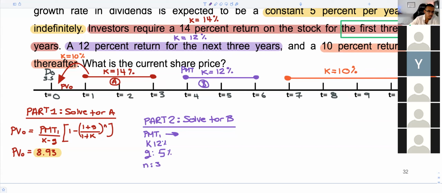Exactly. Very solid stuff. Okay, now for everybody that didn't see it, we have our dividend at 0, and we know it grows by 5% every year. So you have to grow it once, twice, 3 times, and then 4 times to get to D4. What you could do is simply D0 times 1 plus G to the power of 4.